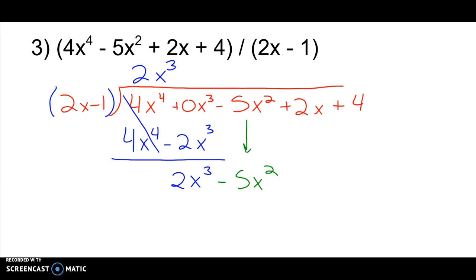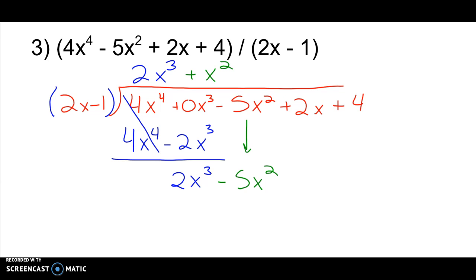And we just do it all over again. That's all there is to it. You just do it however many times you need to until there's nothing left or there's a remainder. So what do I need to multiply the first thing by to get the first thing? I already have a 2x. X squared. Positive x squared. So 2x times x squared would give me 2x cubed, right?